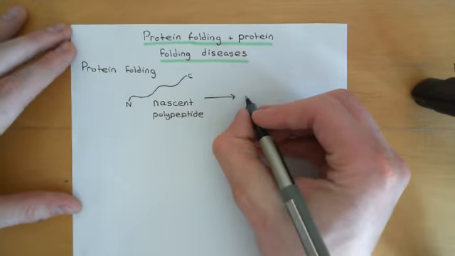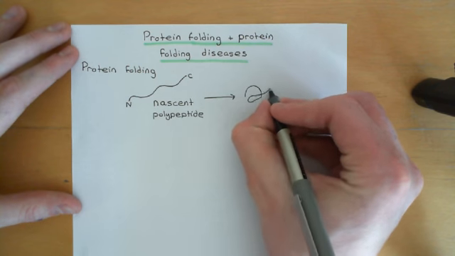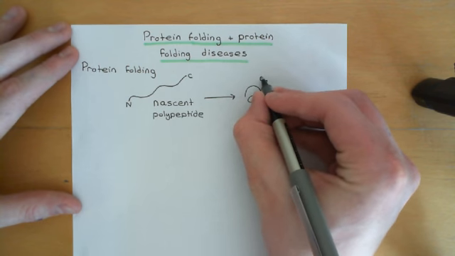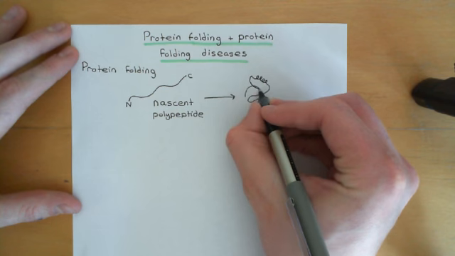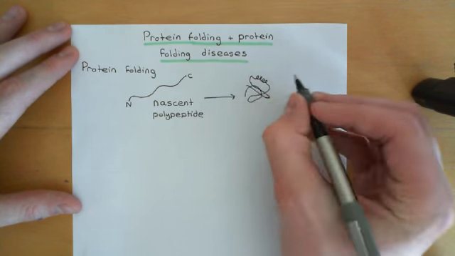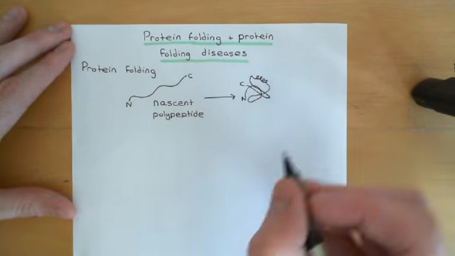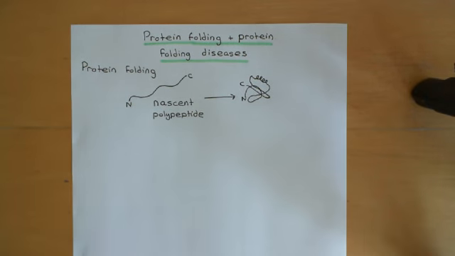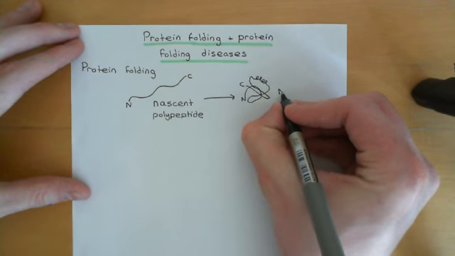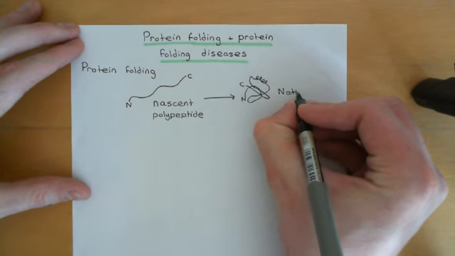So protein folding involves it folding into its three-dimensional shape. Maybe it might fold into something that looks like this: there's an alpha helix, there are some beta sheets, something like that. Once the protein has folded into its normal three-dimensional state, this is known as the native protein.